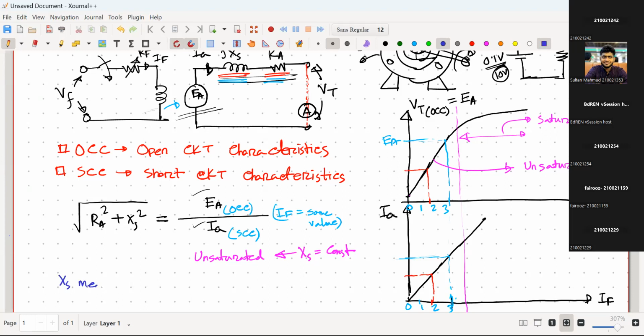Xs measured in the linear region can be said as unsaturated synchronous reactance.